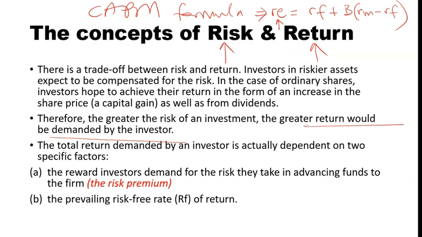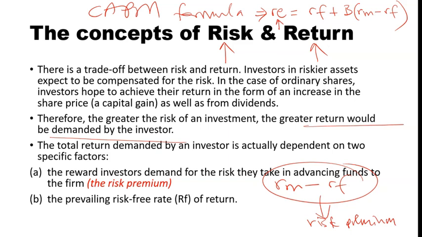Then the return on the market is the rate at which investors are expecting to be paid on their investments. Less the risk-free rate, this is called the risk premium.